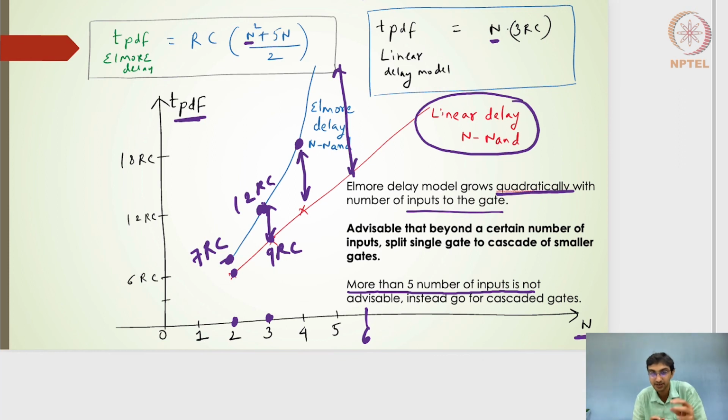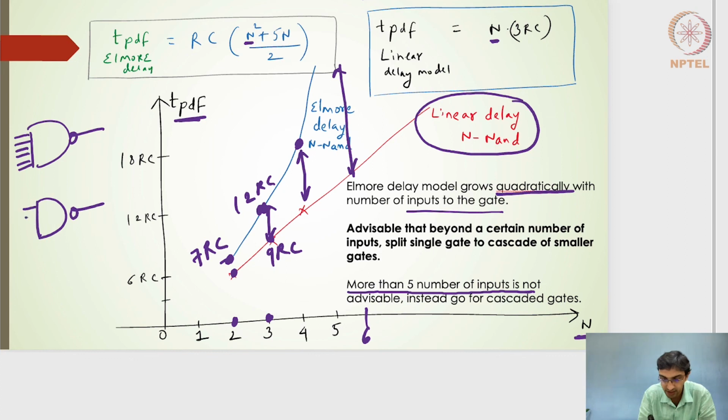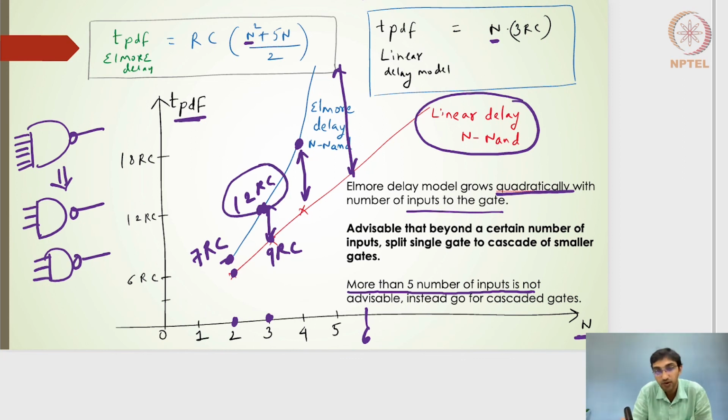If I cascade such 3-input NAND gates instead of using 6 inputs, that will be much more preferred, because a 12 RC delay is much lower than the quadratically increased delay of a 6-input gate. Instead, I have a lower 12 RC delay from one stage, and then another 12 RC delay, and then it gets connected to the next stage.